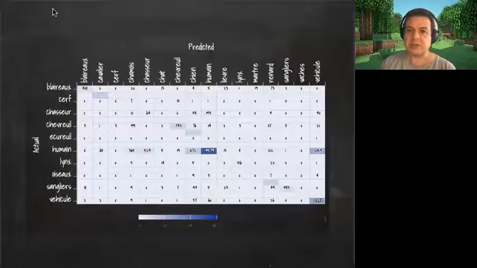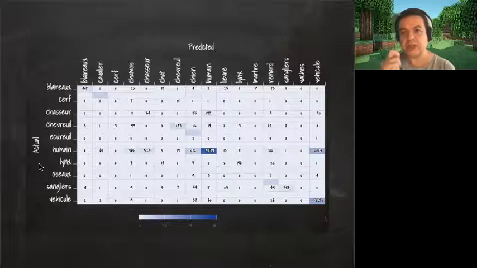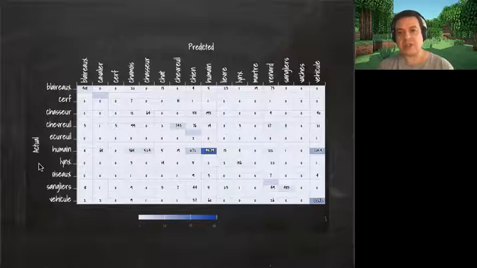The results are displayed in a confusion matrix with species that are predicted by the algorithm in columns and the species that are actually in the pictures in rows. A false negative is, for example, a picture with a lynx, but we predict another species on it. And a false positive, sorry, is a picture without a lynx, but we predict that there is actually a lynx on it.